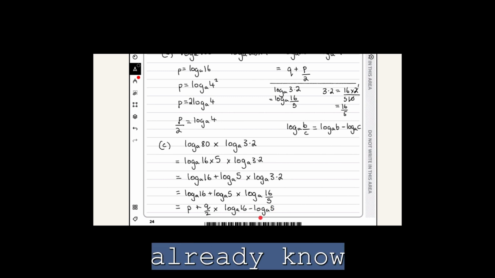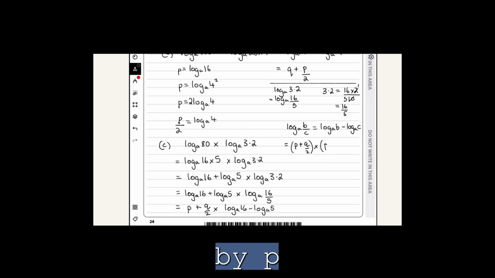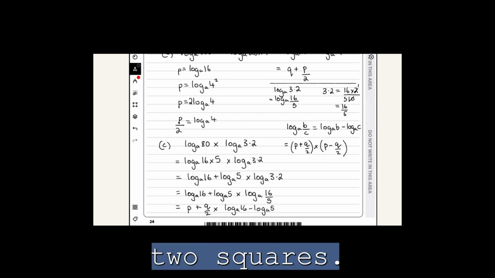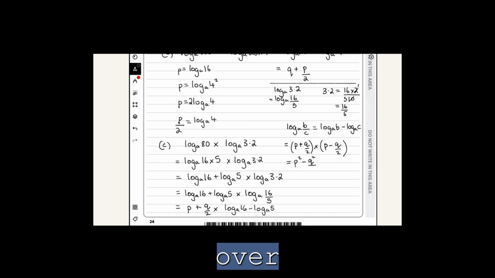And I already know that log A of 16 is P and log A of 5 is Q over 2. P plus Q over 2 multiplied by P minus Q over 2. And this is difference of two squares. So this would be P squared minus Q squared over 4. And that's my answer.